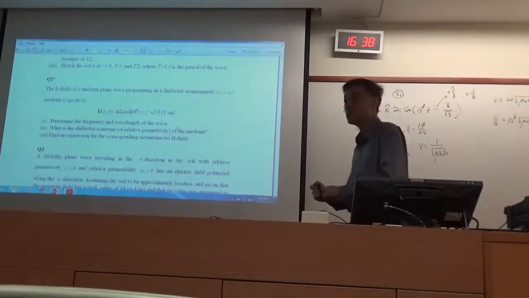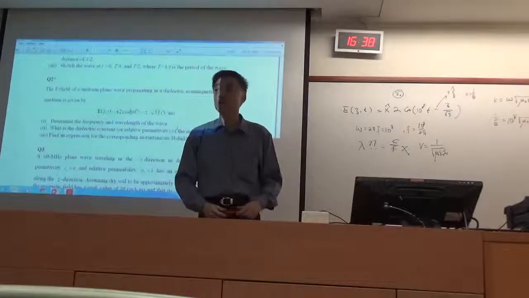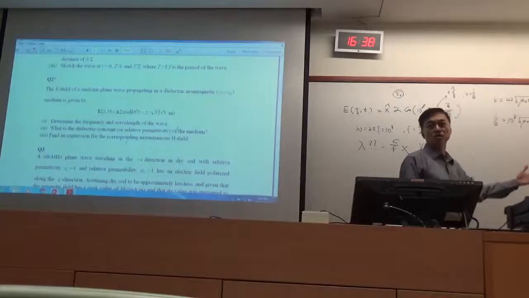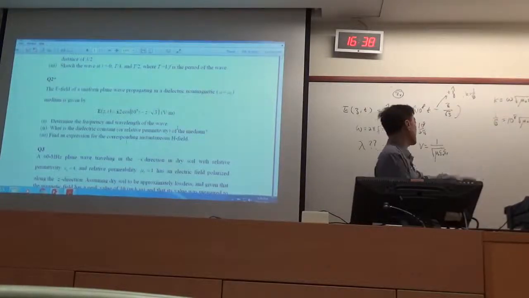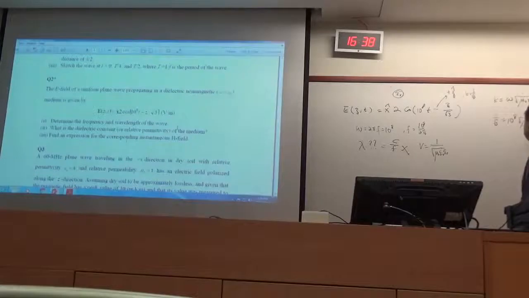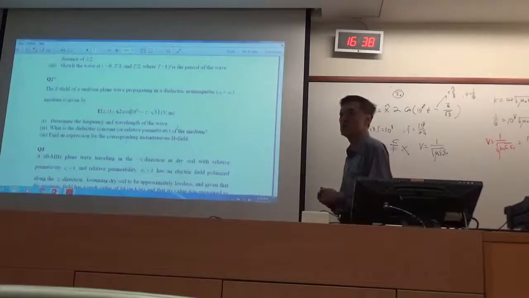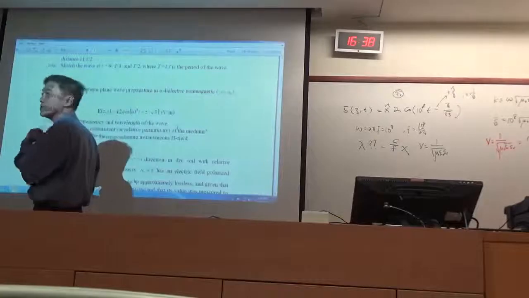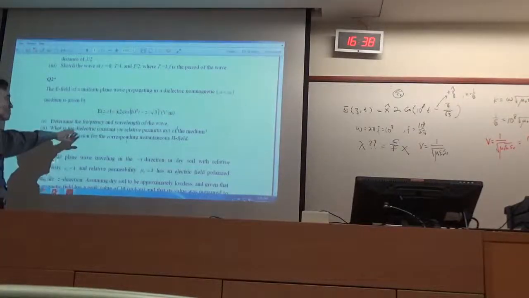So there are many options for you to do now. You can find epsilon r here because mu naught epsilon naught, you know, you can find epsilon r here. Or you can transform everything to v is equal to 1 over square root of mu naught epsilon r is equal to 10 to the power of 8 times square root 3. That's all. I mean, if the question doesn't ask to find epsilon r, I don't even want to find epsilon r. Oh, it does, the next one.